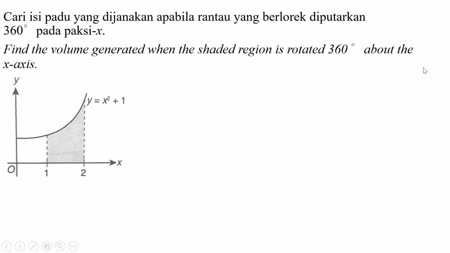So let's look at this question. Find the volume generated when the shaded region is rotated 360 degrees about the x-axis. About the x-axis. So our formula, volume is pi integral, and towards the x-axis, the subject must be y squared. So the boundaries must be x1 and x2.